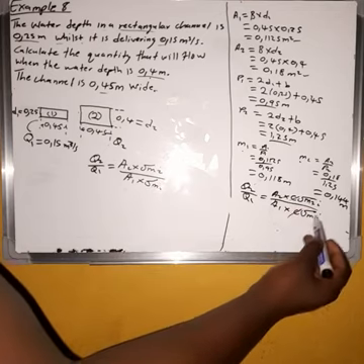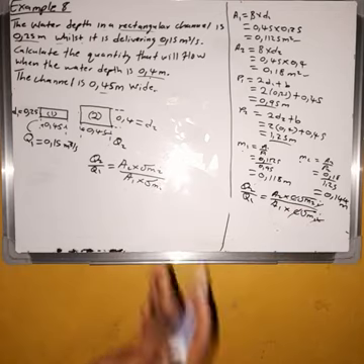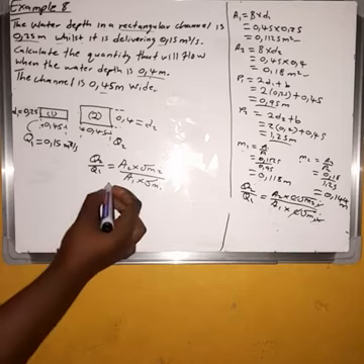C and C will cancel, I and I will cancel because they are the same, and we are left with the 2. Then we can apply this formula.